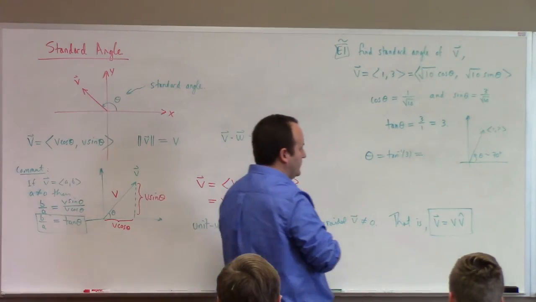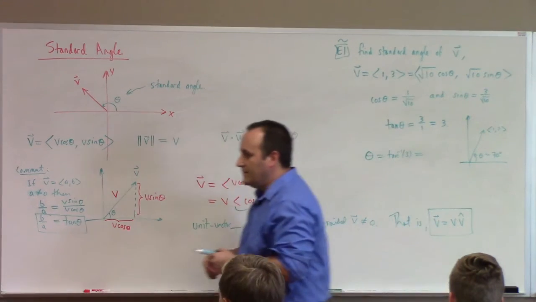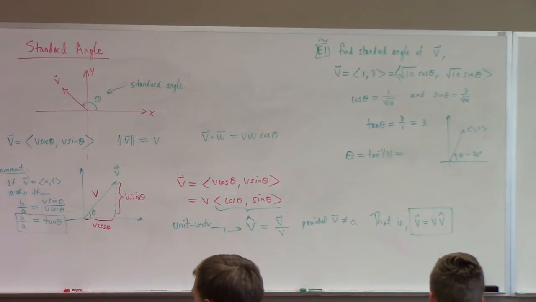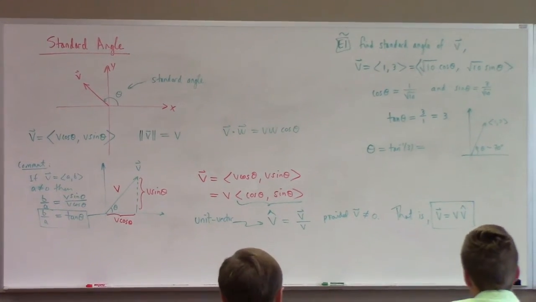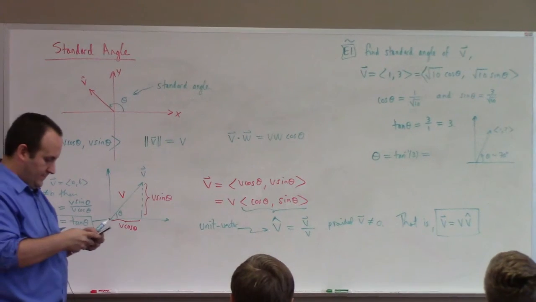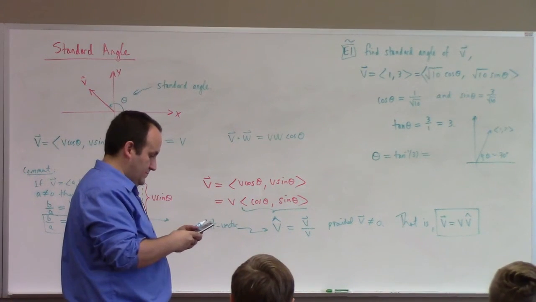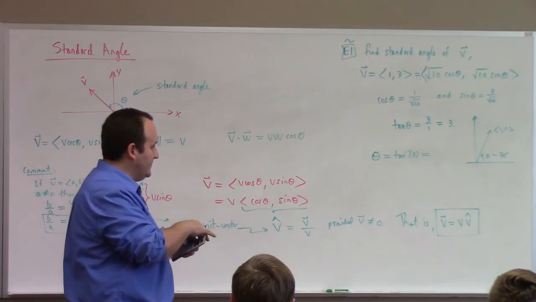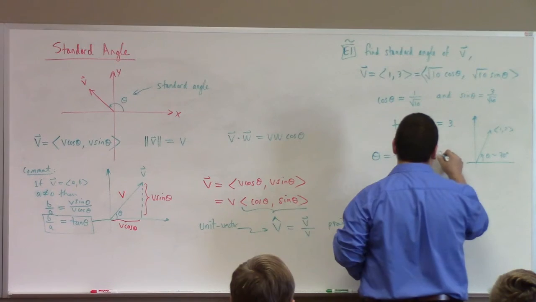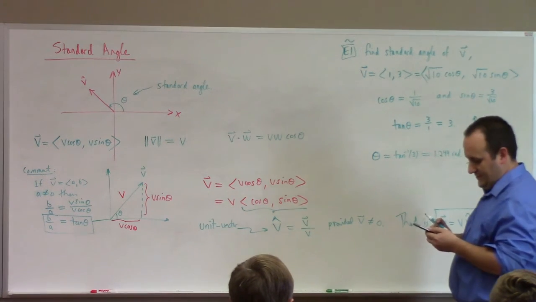Would you guys tell me what that number is? It's bothering me. I got 1.249 radians.